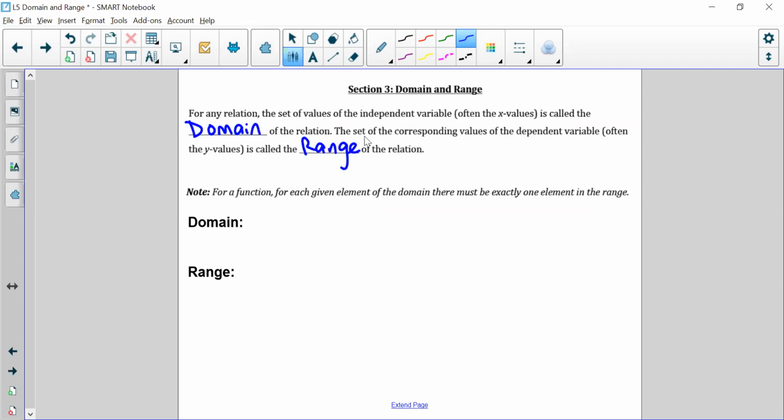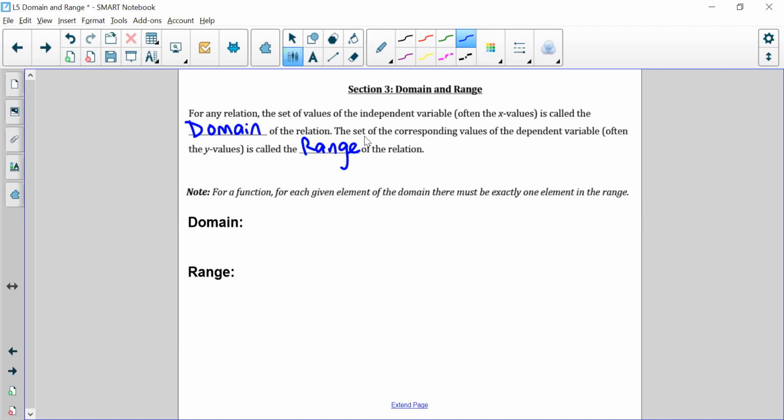And in this little preamble of my lesson, I have for any relation, the set of values of the independent variable, independent being x, is the domain, and the dependent variable, the y, is the range. When we're evaluating the limitations on a function, we're trying to describe where does the function exist on the graph? Are there places where it's impossible to get those outputs of a function?